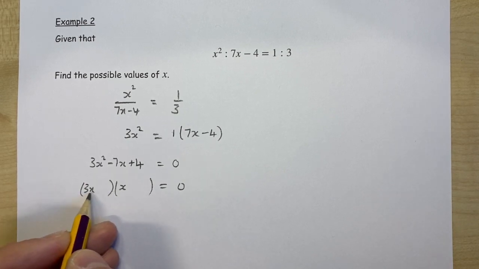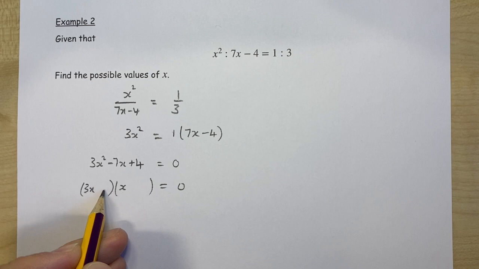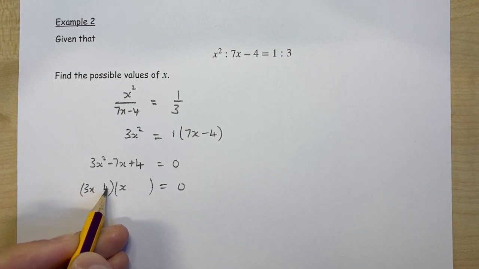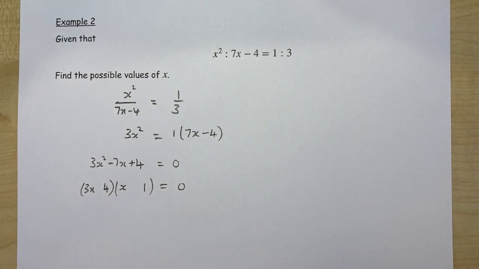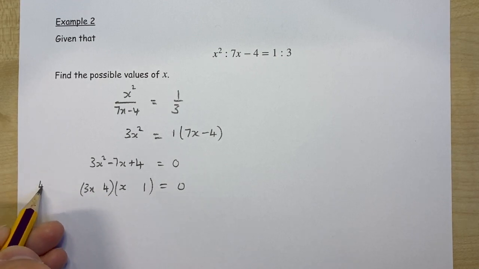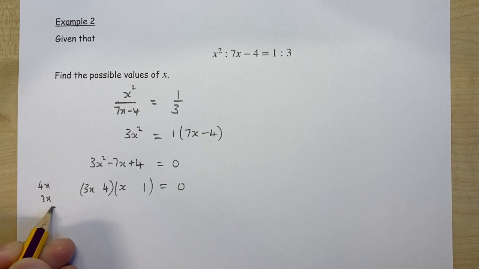3x squared is only one way of getting it, 3x times x. However, 4 could be 2 and 2, could be 4 and 1, or it could be 1 and 4. To speed things up, I'm going to go with the 4 and 1 there, but it is a trial and error judgment there. 4 times x is 4x. 3x times 1 is 3x.